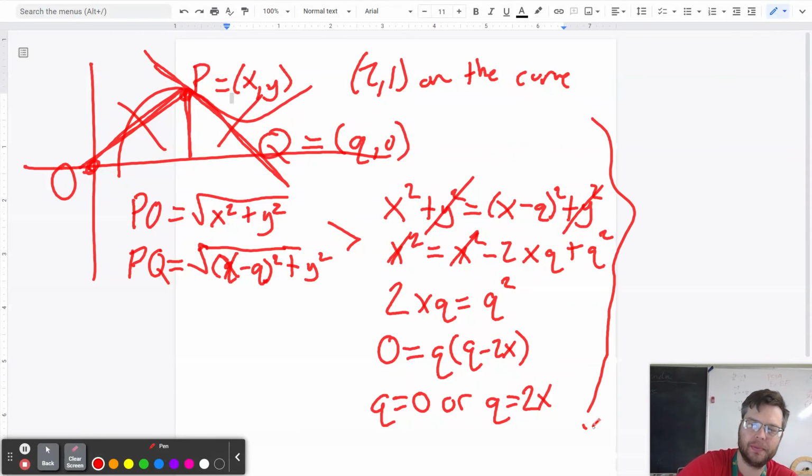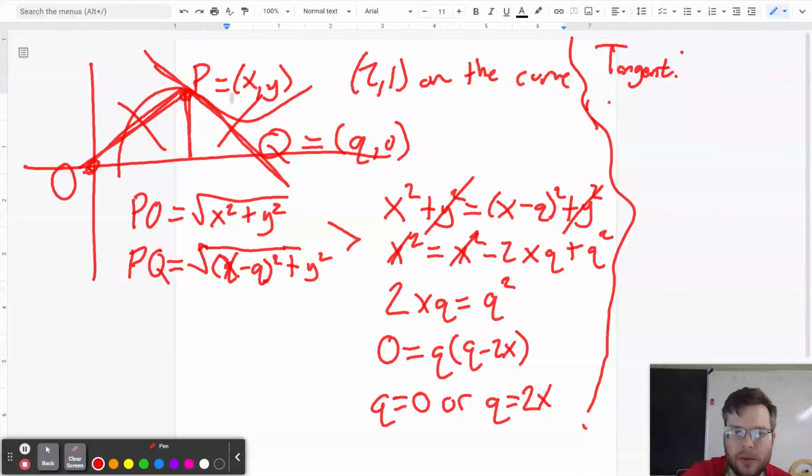What else do we know about q? We know it's where the tangent line intersects the x-axis. So if I want to think about the tangent line, I'm going to use point-slope form. So I'm going to do y minus y1 equals m, which is the derivative, dy/dx, times (x minus x1).